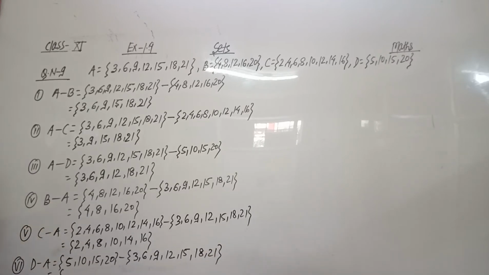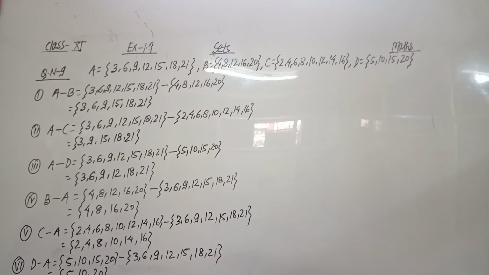So those elements of D which are not in A: 5, 10, 15 is available, and then 20. So 5, 10 and 20.